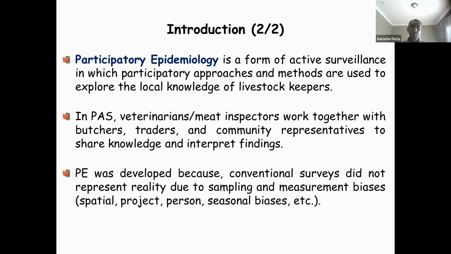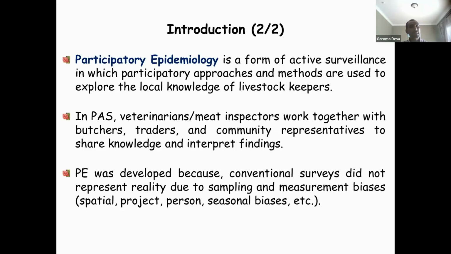So participatory epidemiology is a form of active surveillance. It is one of the active surveillance types. There are different types of active surveillance. This is one in which participatory approaches and methods are used to explore the local knowledge of livestock keepers on animal diseases, on their epidemiology, and on the impact of the disease.